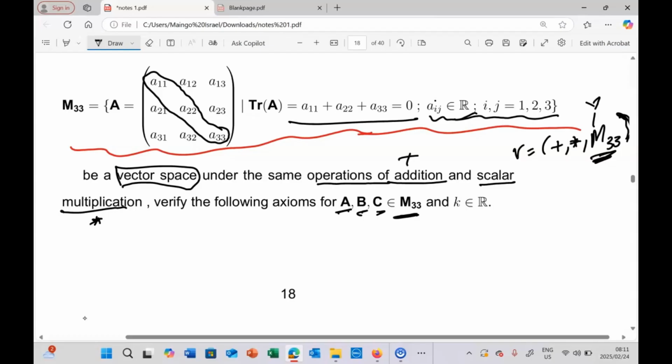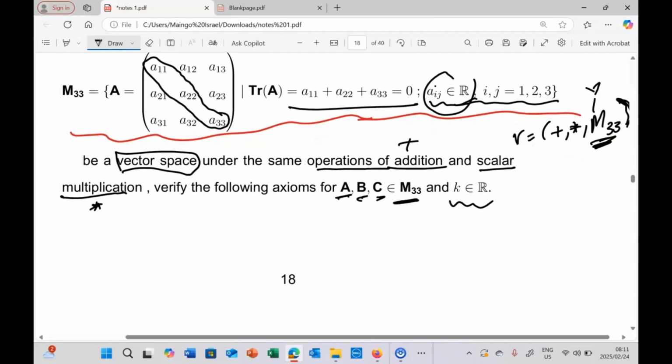So remember, the matrices are represented by capital letters, and the entries can be small letters, which are real numbers. And K belongs to real number. Remember, even the entries belong to real number. So we need to verify the following axioms for A, B, C belonging to M33 and K belonging to real numbers; this is a scalar.